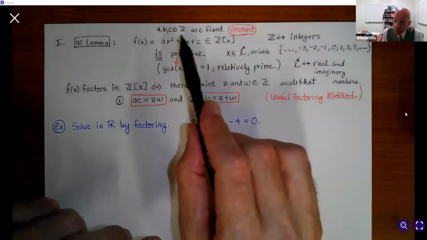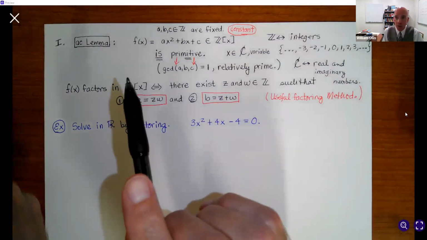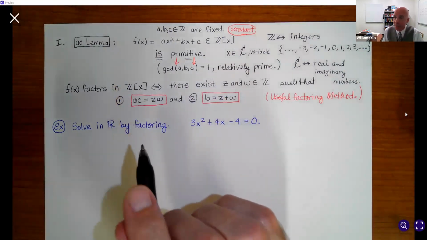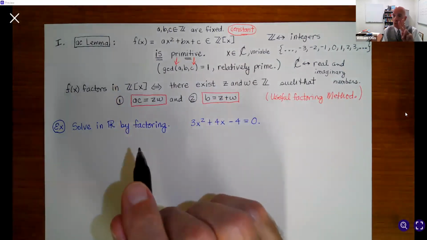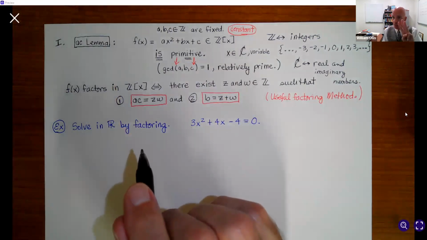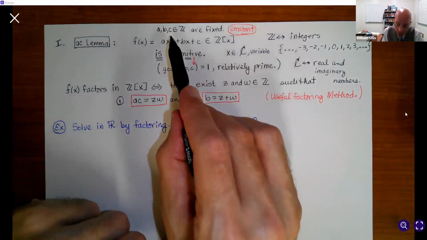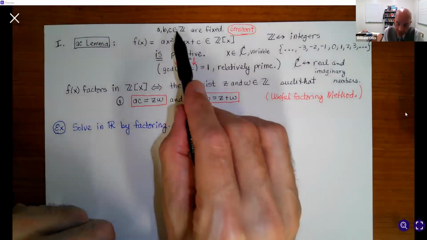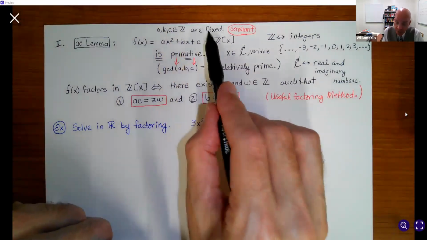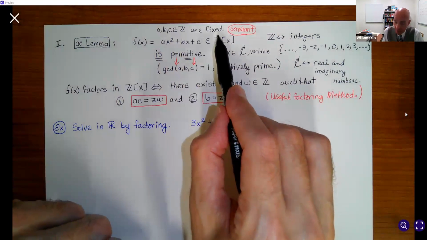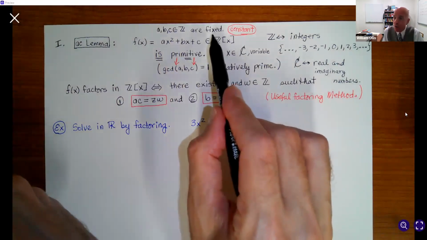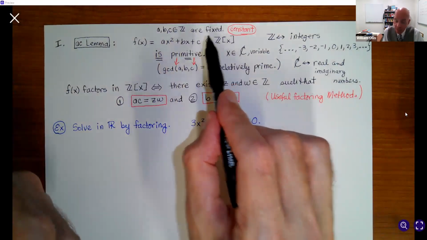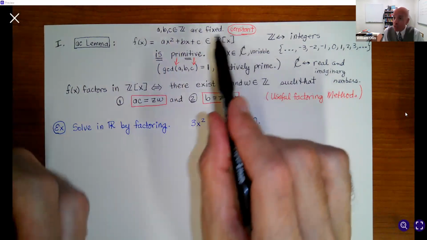Now, another thing that we're going to do when you think about the quadratic, just like we thought about the linear equation, instead of 2 constants, we're going to have 3. So we're going to look at A, B, and C as integers and fixed. And remember, when we say a number or a variable is fixed, then its value is constant.